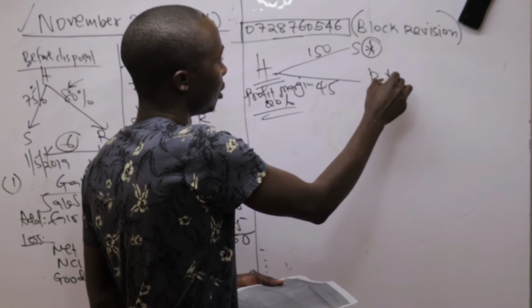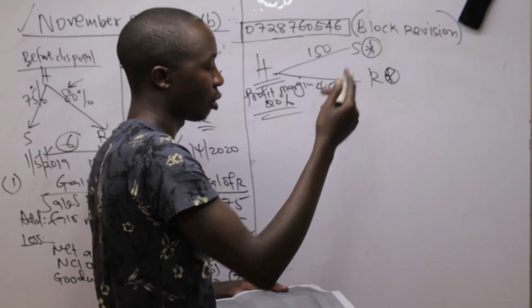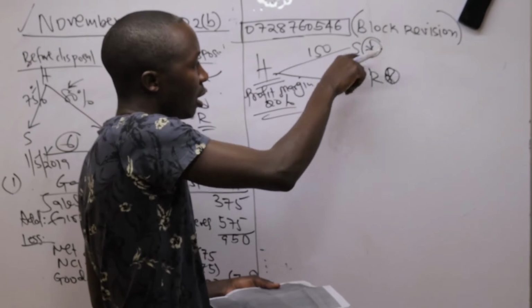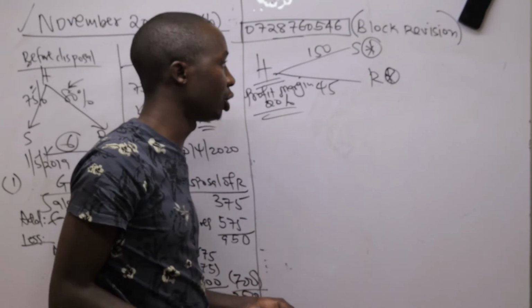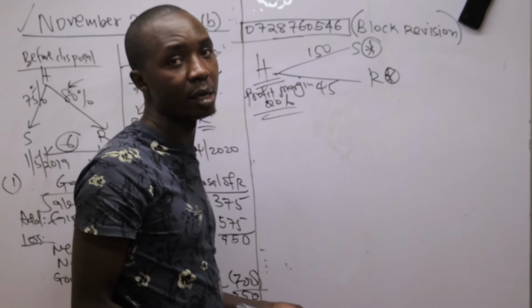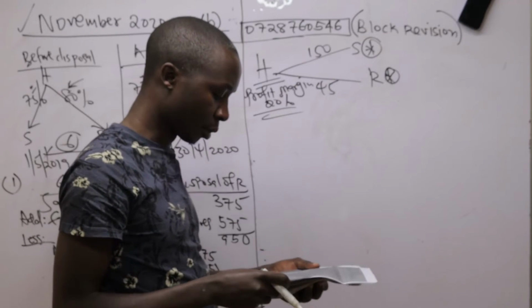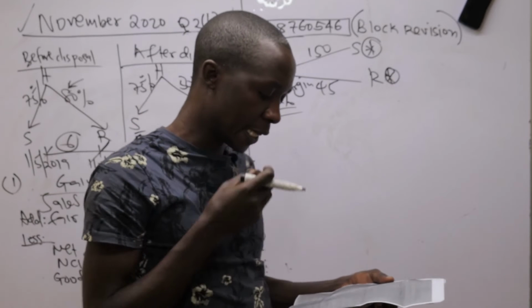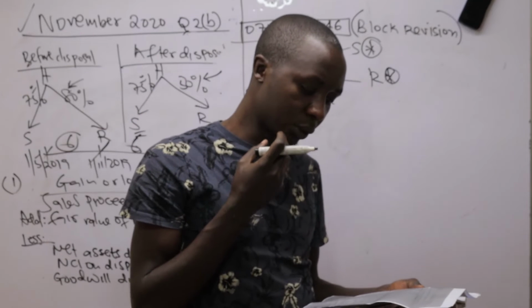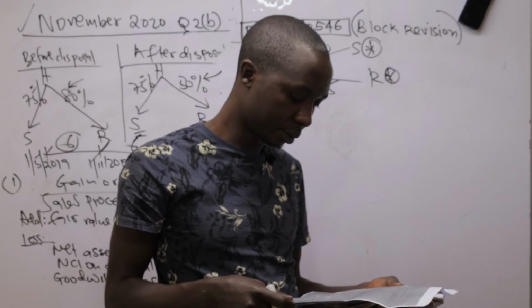But now we need to look at these companies. Of the goods they received, did they resell all of them so that they realize the profit H realized? In note 4, they said that H Limited sells goods at a profit margin of 20%.